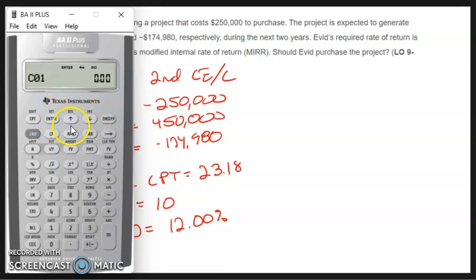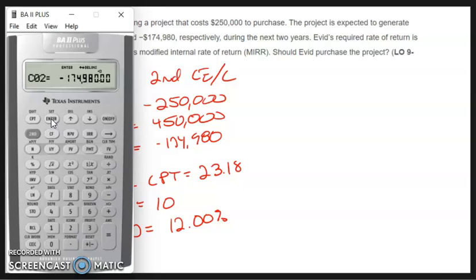Now 450,000, that's cash flow 1, C01. Enter. C02 is $174,980, and that's a negative. So enter.